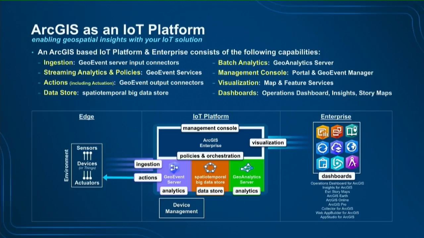We have our GeoEvent services that serve as our streaming analytic policies. Our actions are the outputs of GeoEvent services. And then we have the spatiotemporal big data store that serves as our layer to store this information. GeoAnalytics Server that was introduced at 10.5 allows you to do parallel analytics on large data sets that's either stored in the big data store or connected to your external big data file shares.